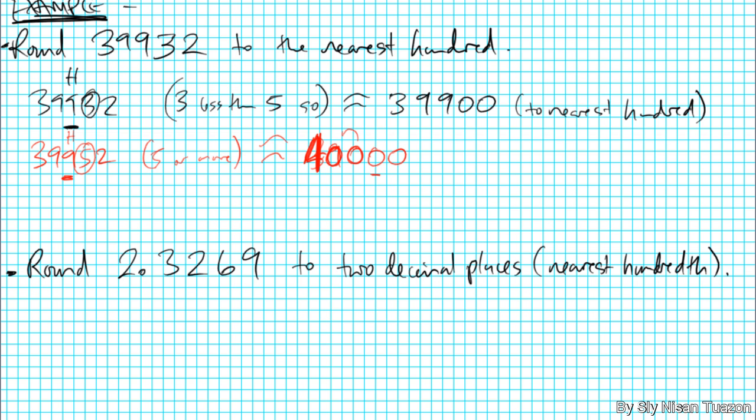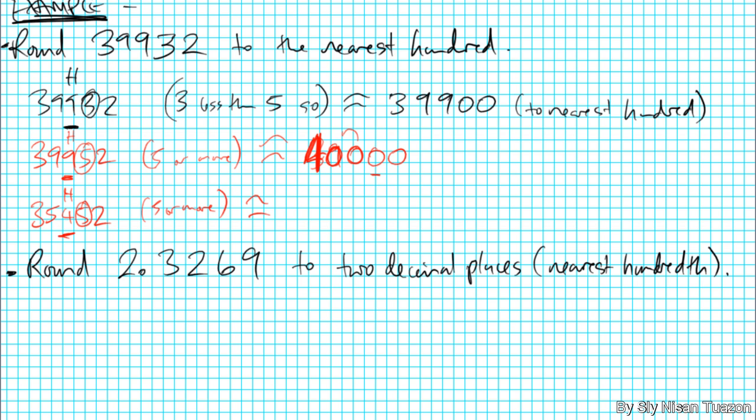Let's get rid of that 9. If it was like 35,452, that's going to be easier. So here, that's the 100. I need to round it to the nearest 100. So look at that. It's 5 or more.